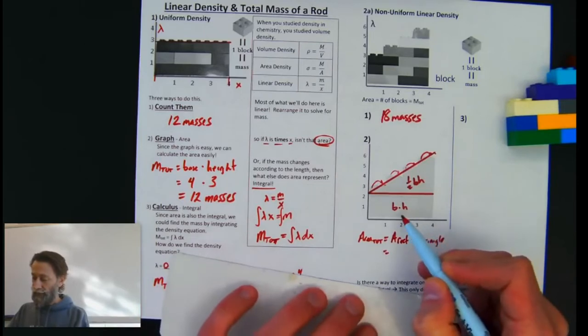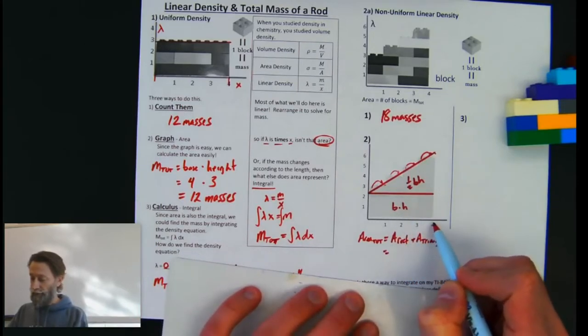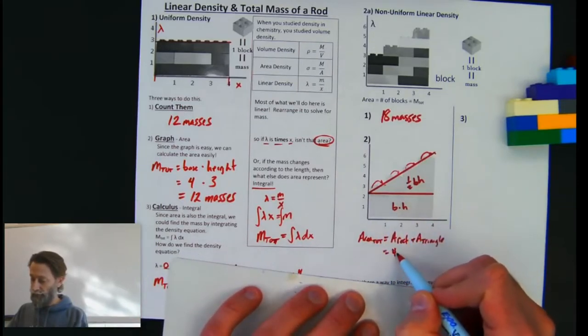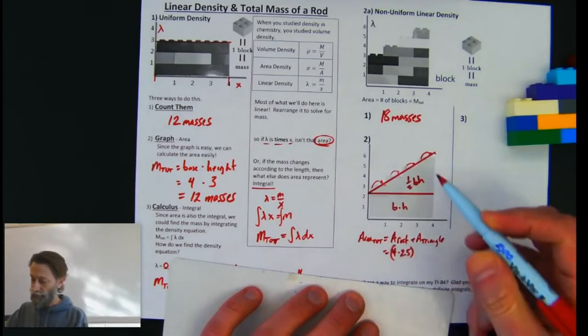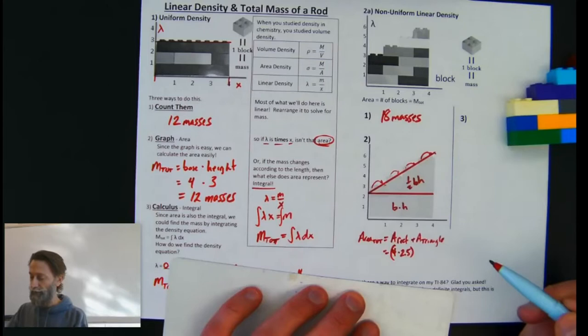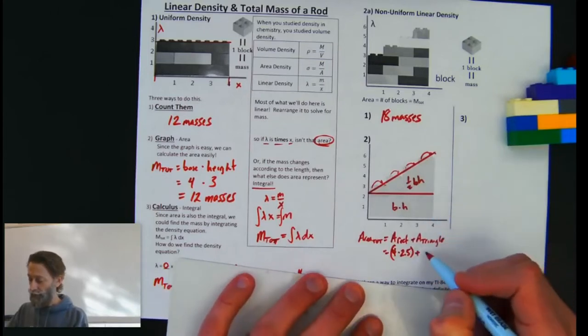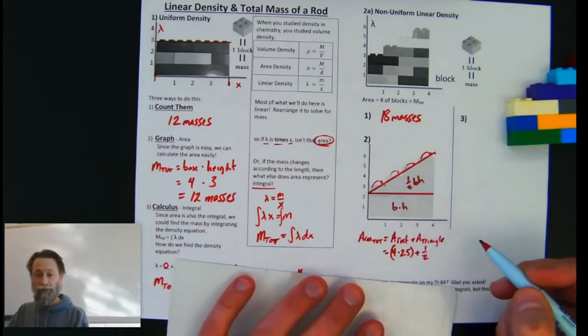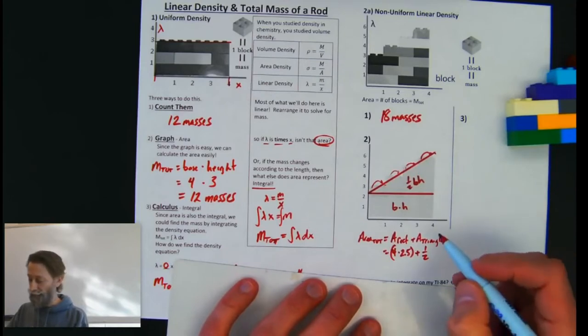So then I'm going to take my base times my height, which will be 4 times 2.5, because remember, we came up that half of a block there. Then for the area of the triangle, I'm going to have half of the base times the height.